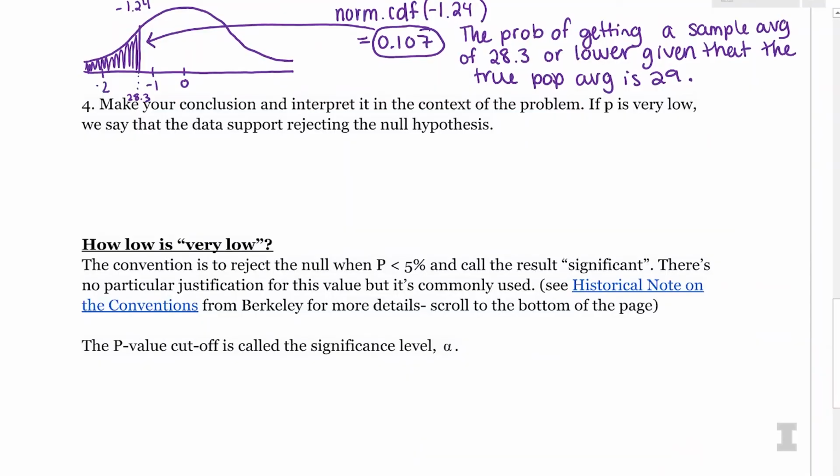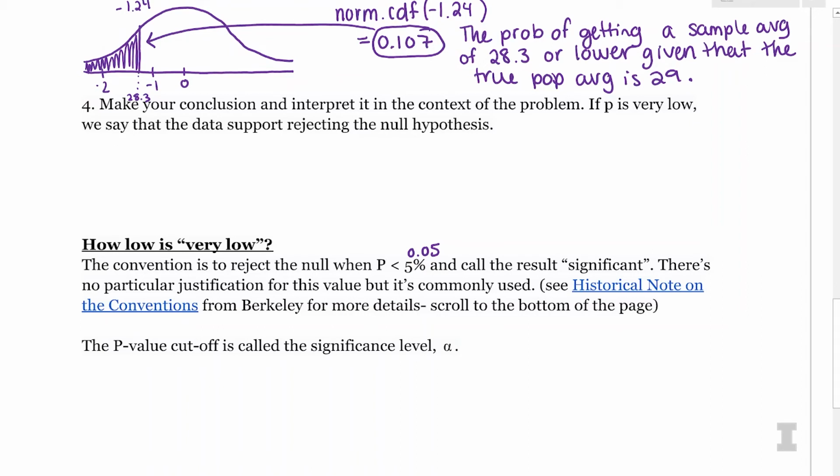So it says last step to make your conclusion and interpret it in the context of this problem. So the last step for the p-value is we have to decide how low is it. And down here it says the convention is to actually reject the null when p is less than 5%, or in our case, 0.05, since we have it in decimal form, and call the result significant. And there's no particular justification for 5%, but it's very, very commonly used.